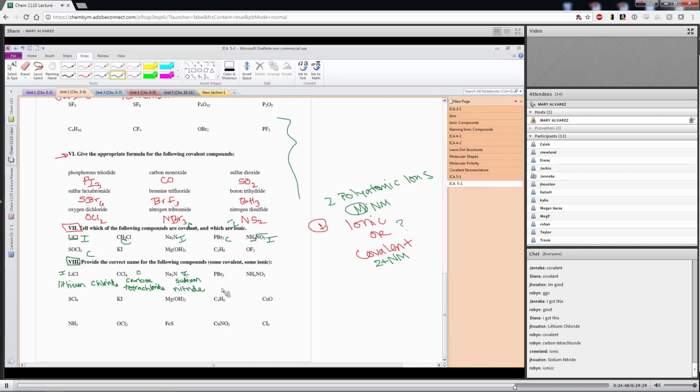Okay. PBr3, ionic or covalent? Covalent. So the name of that's going to be what?